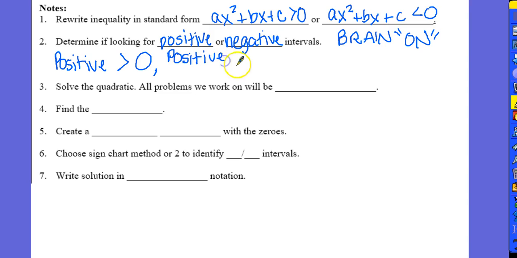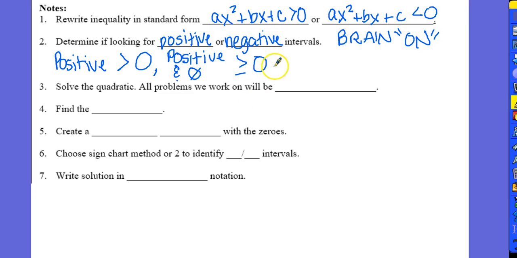When we have greater than or equal to 0, we're looking for positive numbers, but we're also looking for 0. So in this situation, we're looking for the positive intervals, and we're looking for 0. Those are the two greater than situations where your brain has to think, okay, I'm looking for positive values here.